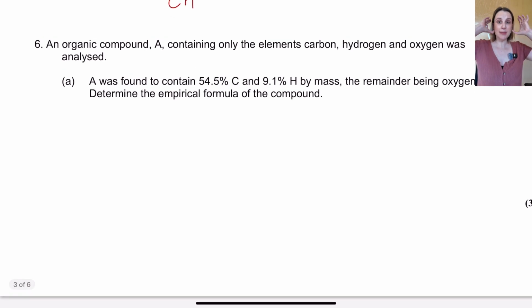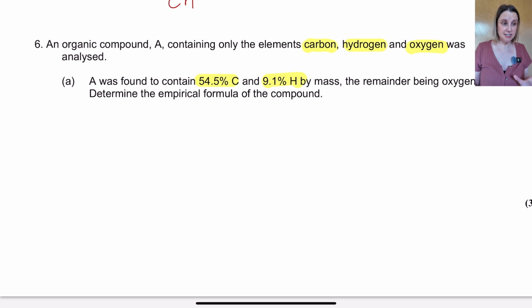Now more of a paper 2 question, so something that's going to require your calculator, or you'll be allowed to use your calculator, is a question like this where they have given you some information about a compound containing carbon, hydrogen and oxygen, and they've given me the percentage of carbon and the percentage of hydrogen and asked me to find out the empirical formula of the compound. So let's do this together.